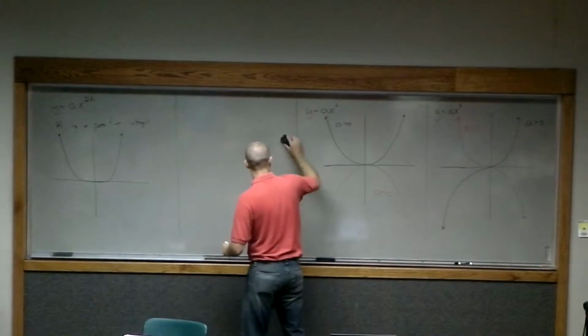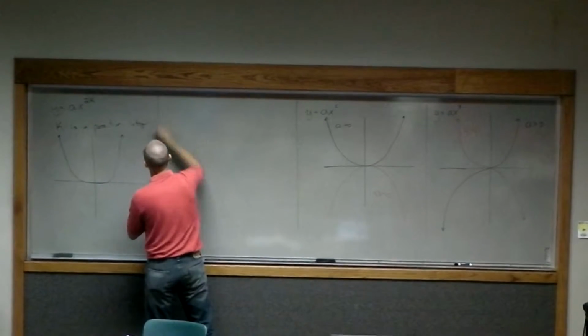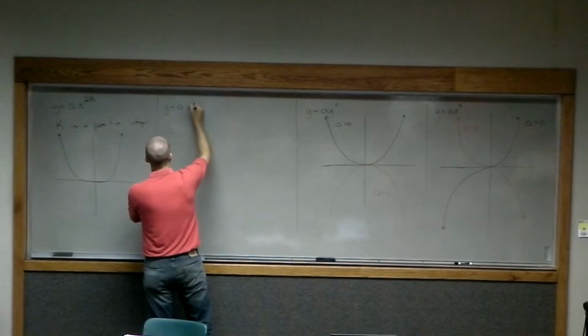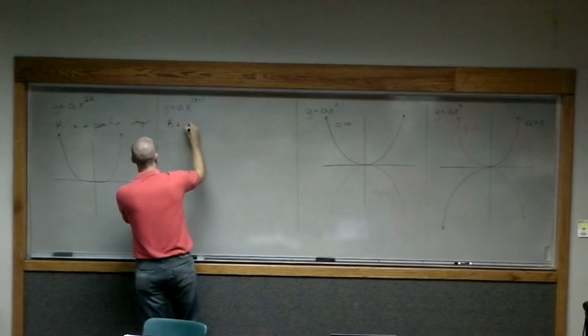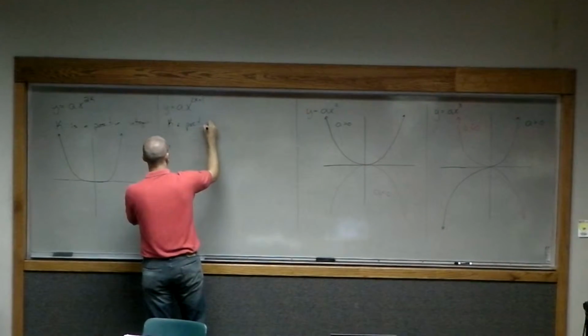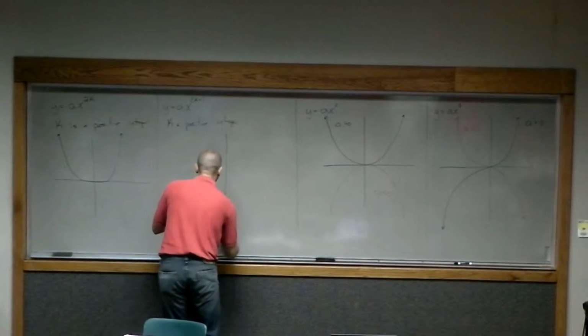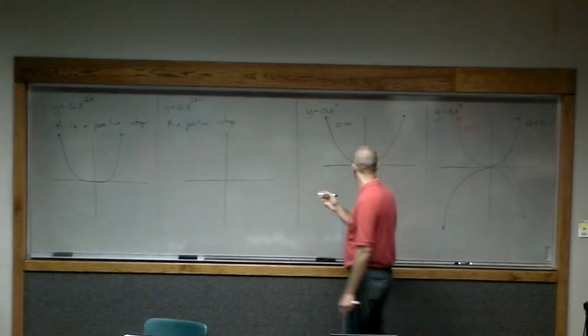In a similar way, if we look at odd-powered power functions, y equals ax to 2k plus 1, what we get is, again, that chair-style shape.